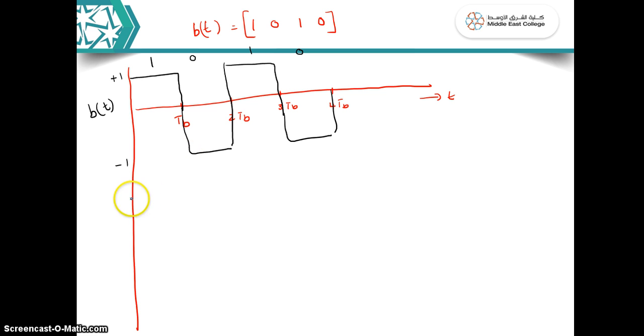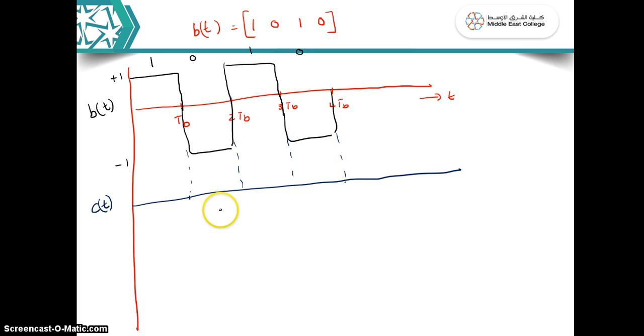So this is the carrier signal. I'm representing the carrier by c(t). So the first duration TB, 2 TB, 3 TB and 4 TB.